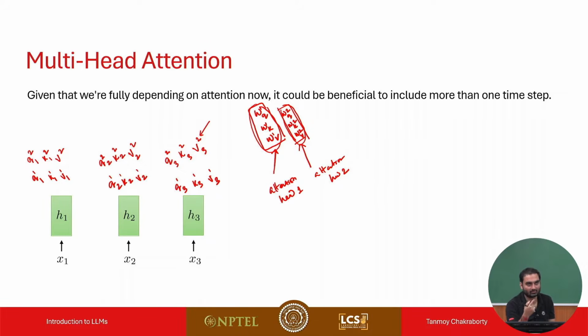Through each attention head, you generate one attention vector.